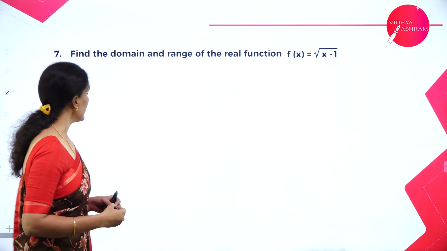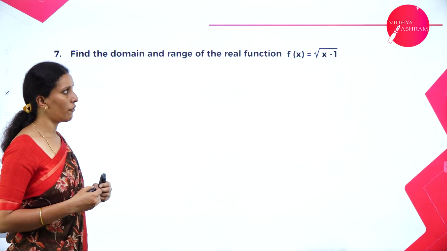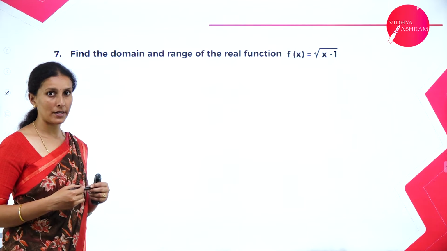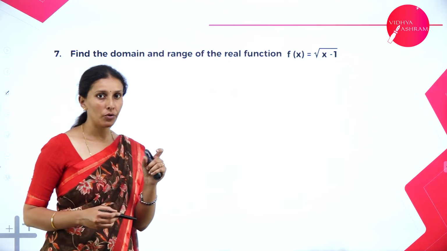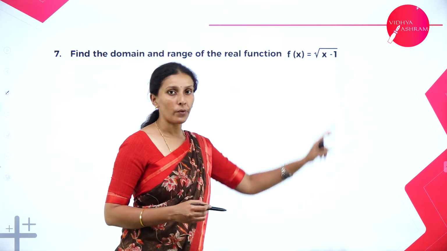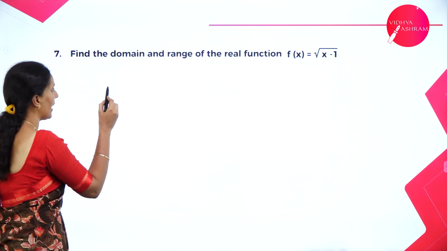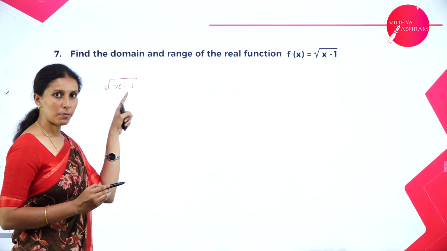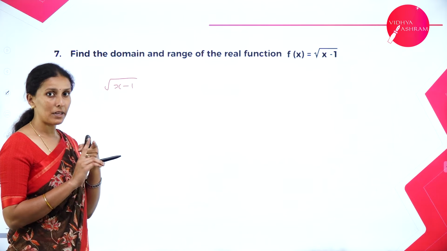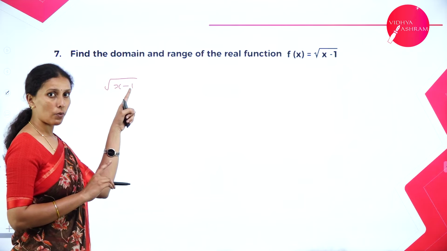So the next question is, find the domain and range of the real function f(x) is equal to root of (x - 1). When I say a square root of a function, we should know that the value under the square root is always non-negative. So here we have root of (x - 1). To make it valid, x can take the minimum value of 1. That means if x is equal to 1, it is square root of 0.